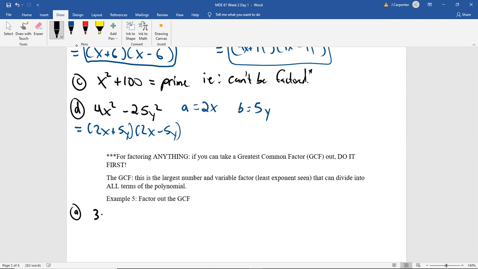Let's go with 3x to the 4th, plus 6x cubed, minus 12x squared. What this is going to feel like is the opposite of distributing. We're going to take these things away. But whatever we take has to exist.